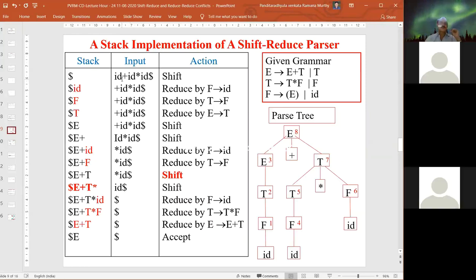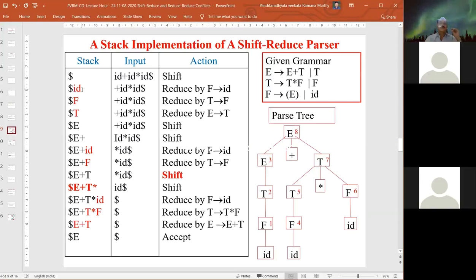What action can we perform? The input symbol is id, so we can simply shift this id onto the stack. So we get id on the top of the stack.